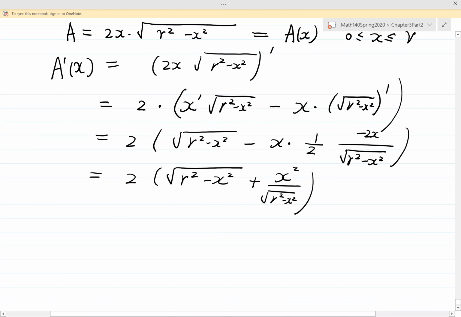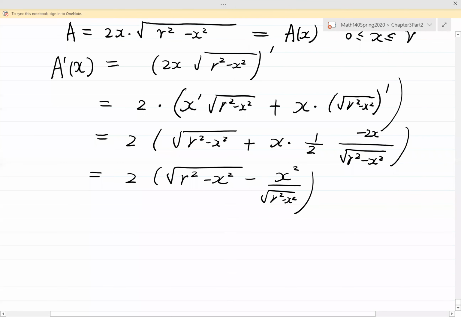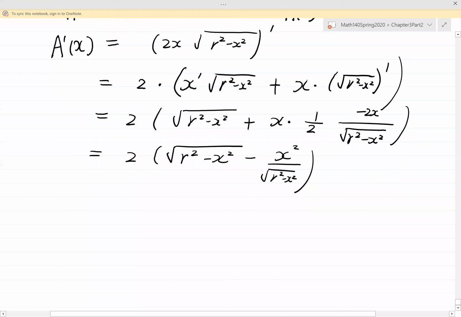Then what we do is, yes, it's wrong here, because in the product rule we use addition, and in the quotient rule we use subtraction. So this is actually a subtraction.